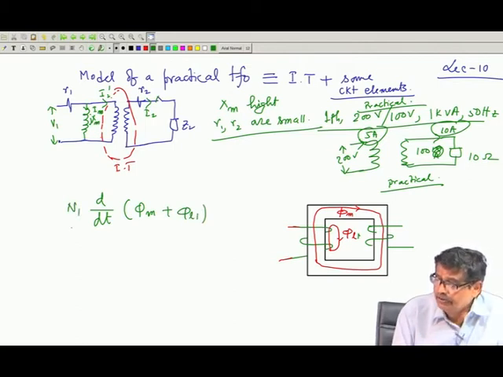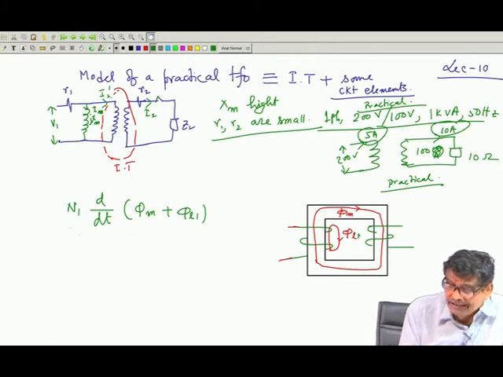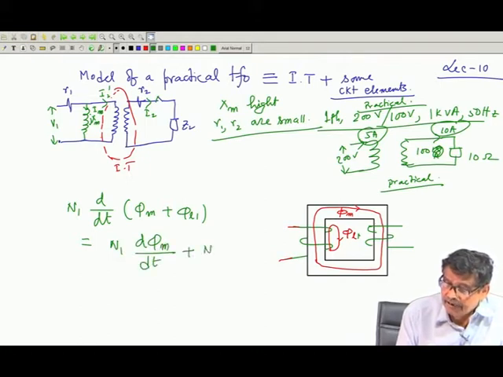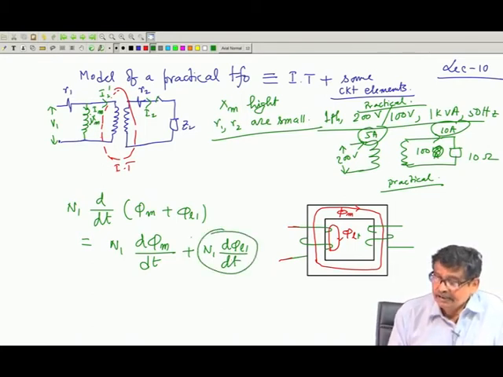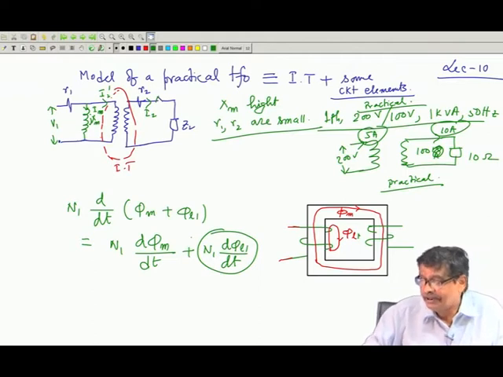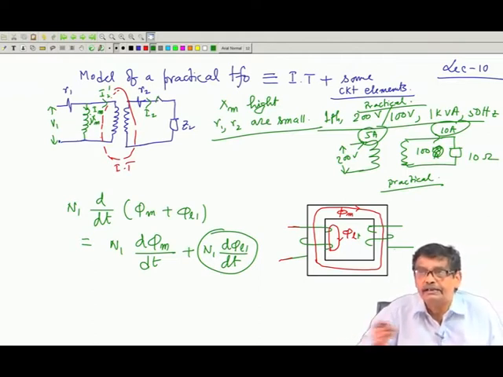This is the induced voltage in the coil, and this can be separated out: N1 dφm/dt plus N1 dφL1/dt. Now, this term is not going to transfer energy from the primary to the secondary side.